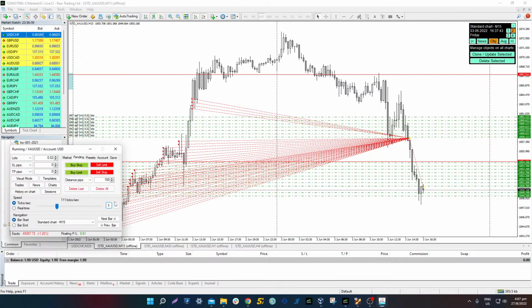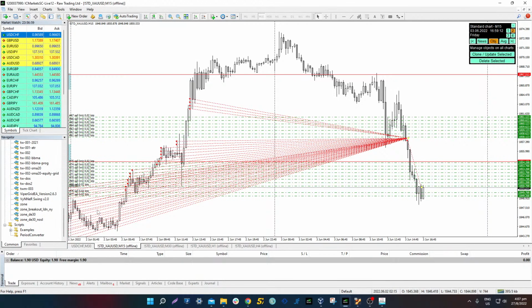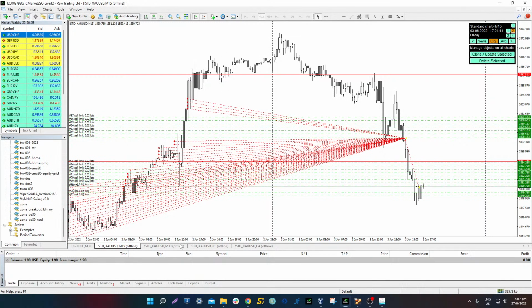Okay. So currently the overall account is minus 1.21% drawdown because we closed here just now, else we could have reduced the drawdown.